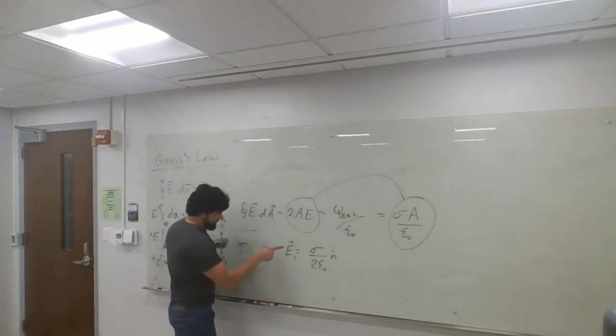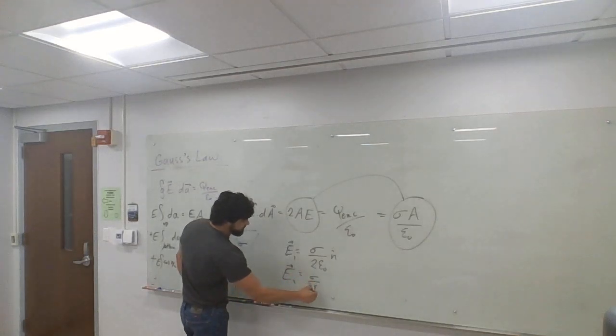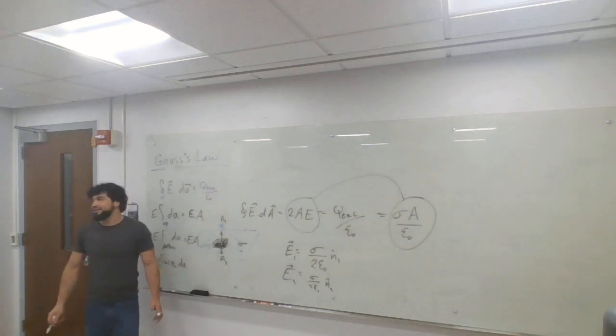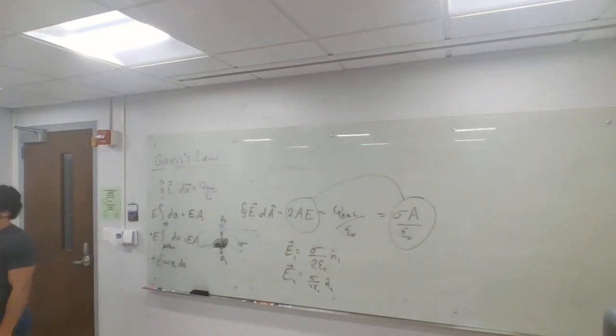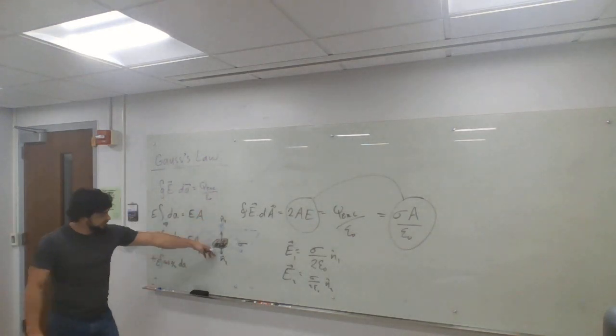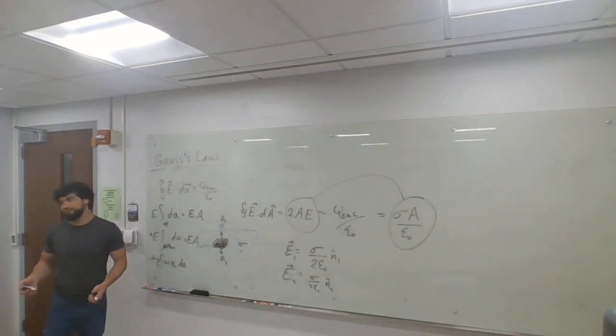And then E1 is that much, but E2 is that much. So you already know the direction. Of course, if you have an example, okay, this is j hat, so in j hat. What is the electric field below it? Oh, it's this much minus j hat. That's the point.